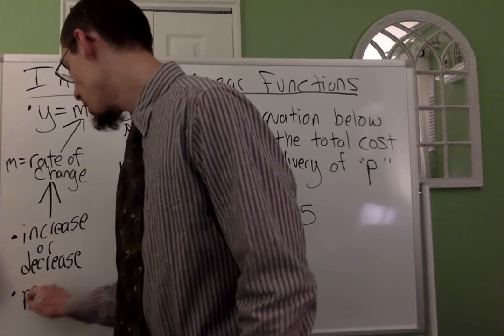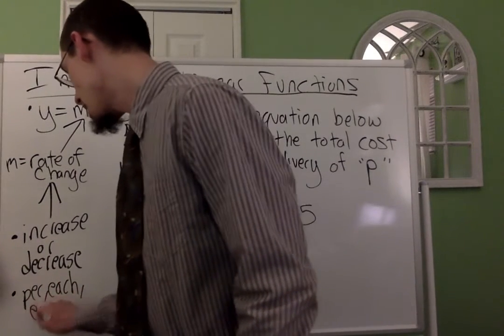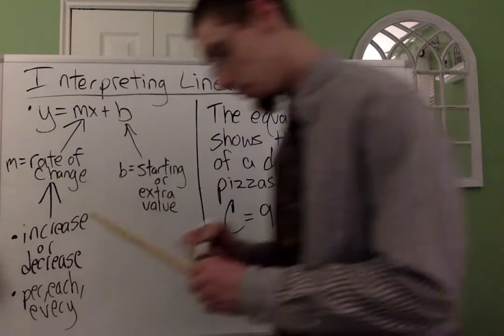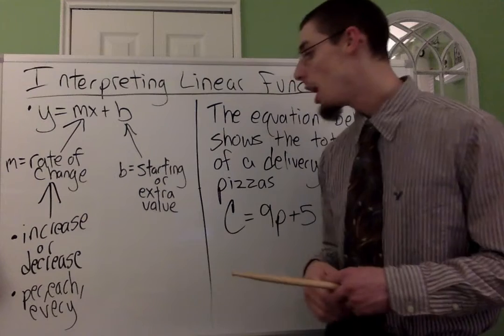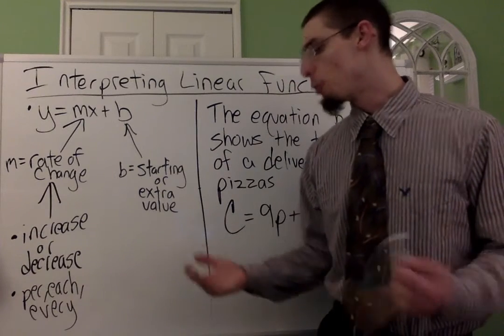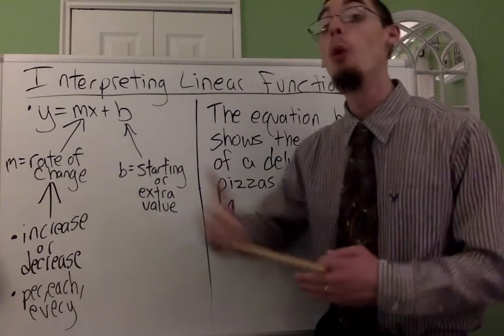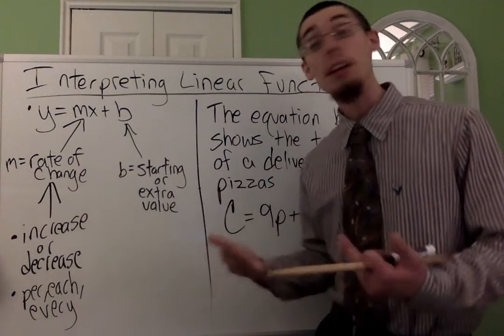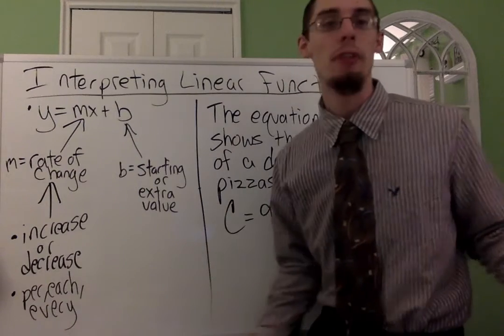Words like per, each, and every, right? $5 per gallon, that's a rate of change. $3 for each banana, right? $3 for each, that's a rate of change. Again, $5 for every hour.